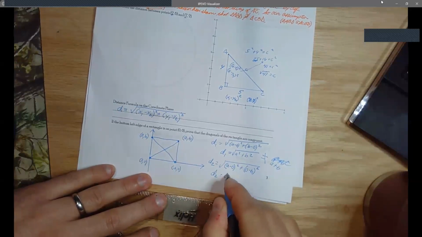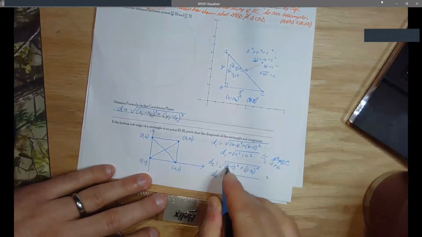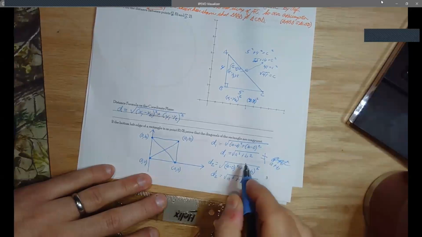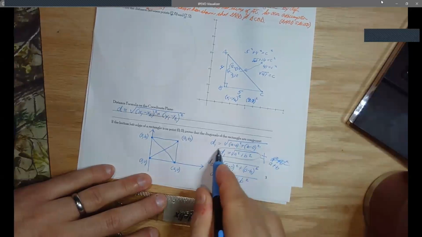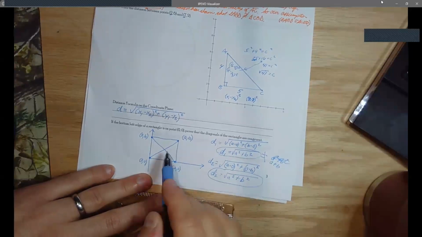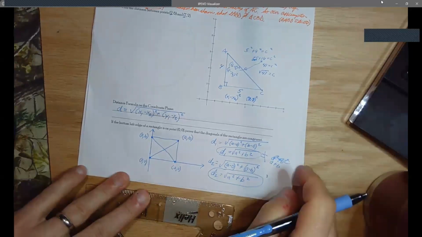So this is also a squared, because a minus 0 is a squared, and then negative b squared is b squared. So since the distances are the same, we have shown that the diagonals of a rectangle are congruent.